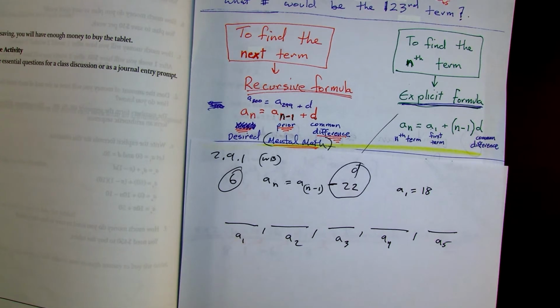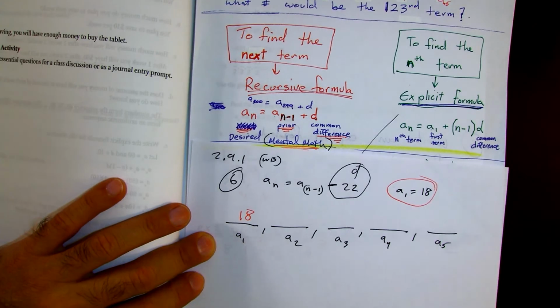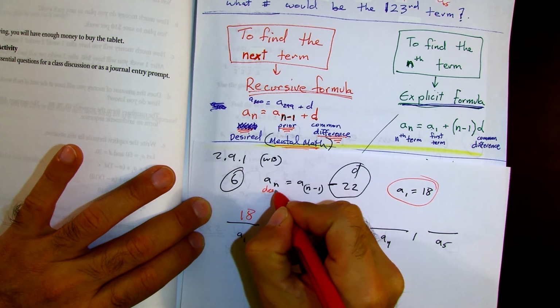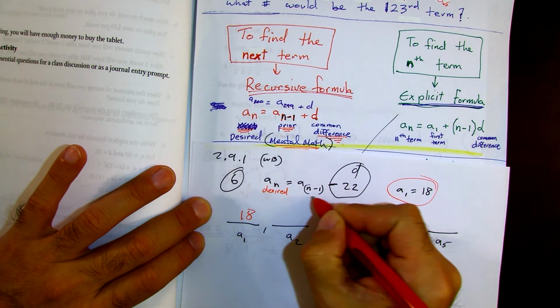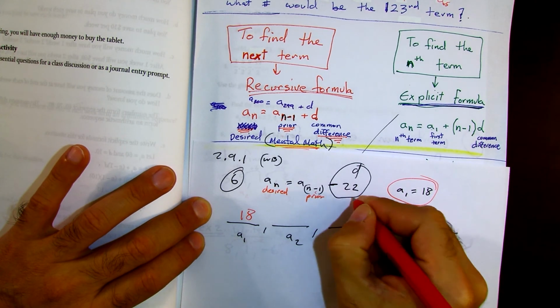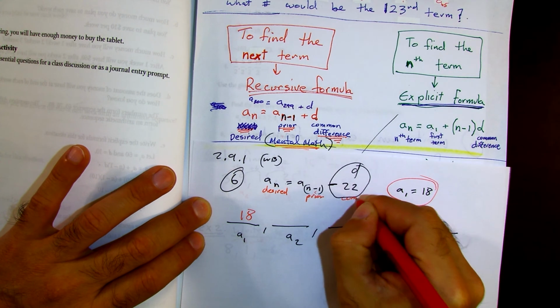Now, when I look at this, they said the first term was 18. And really what this is saying is, the desired term is equal to the prior term plus, in this case it's minus, it's a negative number, the common difference.